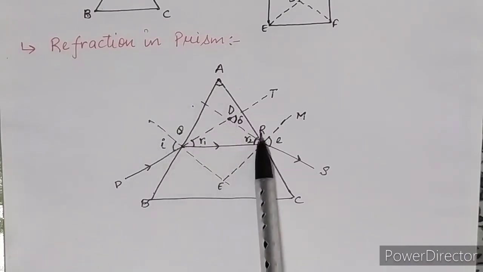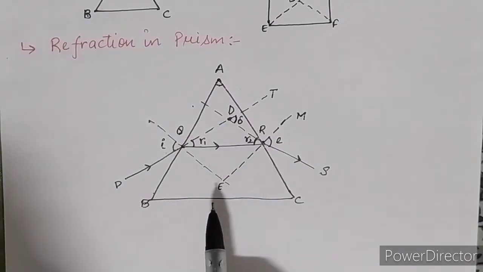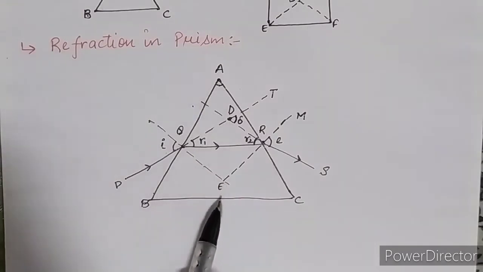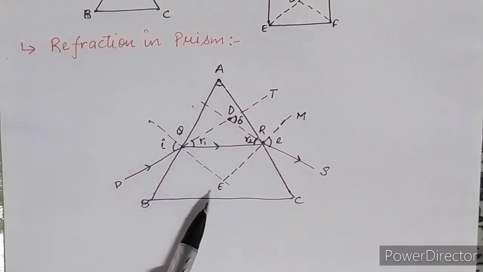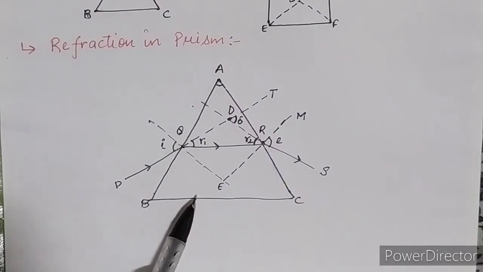AQERA behaves like a quadrilateral. How does it behave? It behaves like a quadrilateral, a quad triangle we can say. Okay, and always in a quadrilateral, beta, two opposite angles have a sum of 180 degrees.